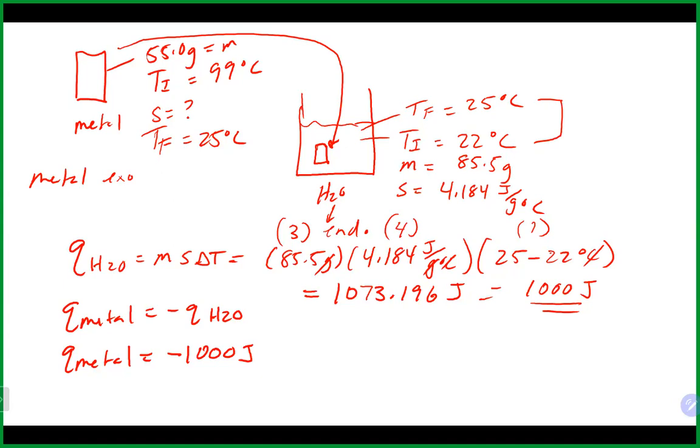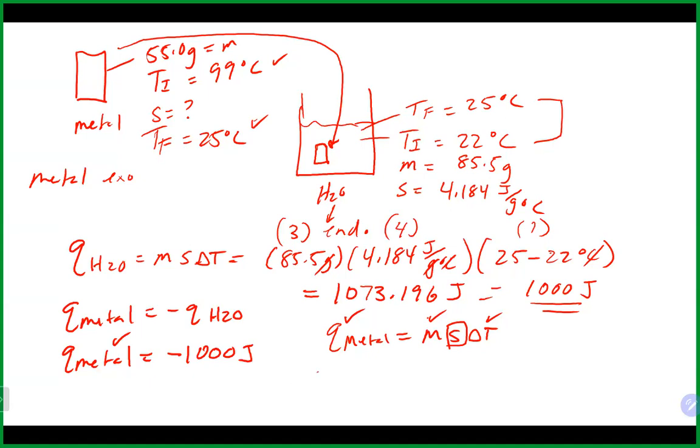We're going from one to the next. Other questions? All right. So why this is important now is if we look at our metal and we take the specific heat equation for metal, which is Q equals m s delta T, we now have Q. We have our final and initial temperatures, which is the change, and we have our mass, which means we now have all the numbers that we need to figure out the specific heat capacity of that metal by rearranging the equation.